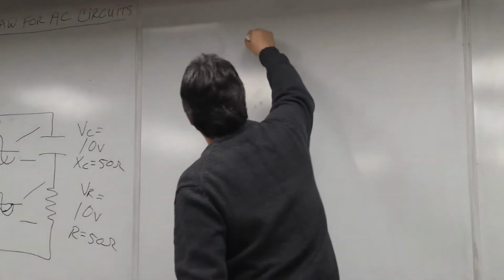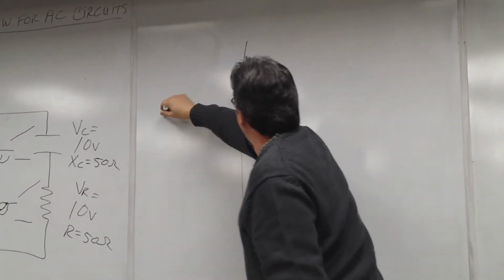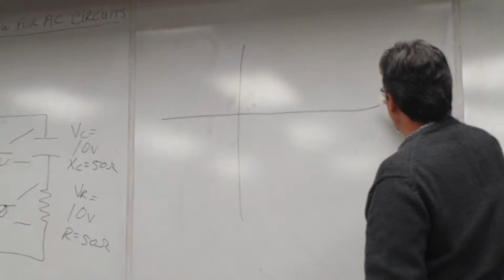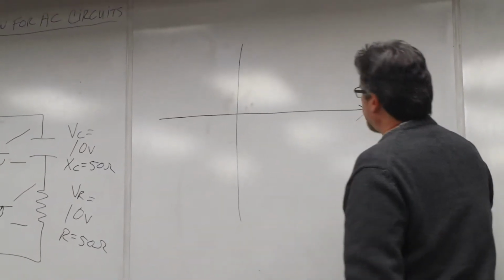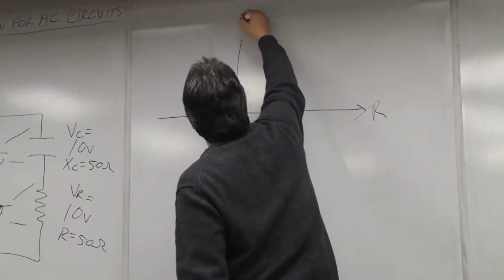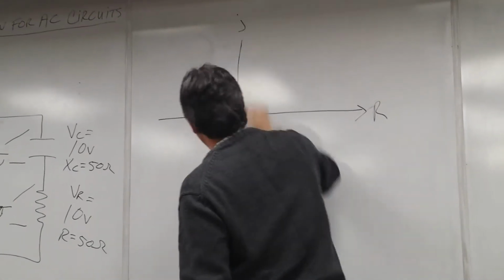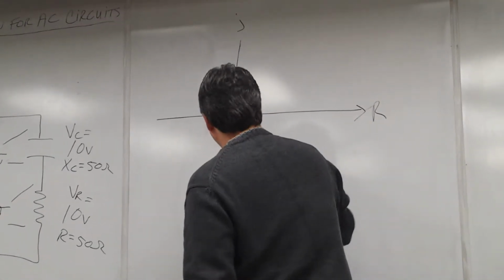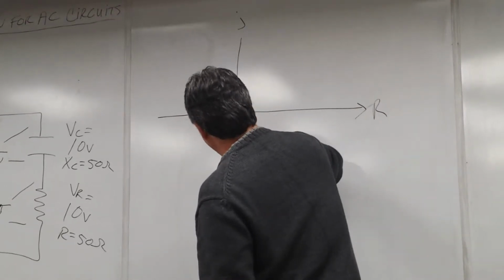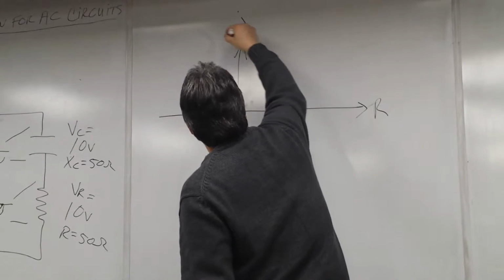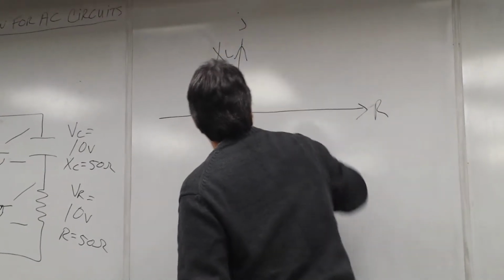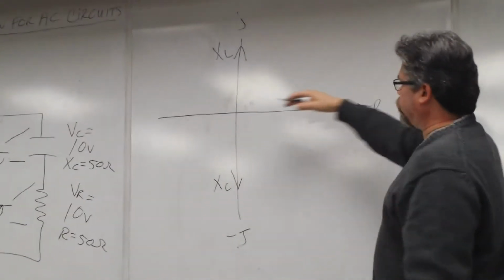So if we set up a plane like this, the Cartesian plane, resistance is on this axis, and these are called J operators, they're part of a complex number system. Down this axis is X of C, and up this axis, the positive side, is X of L. Resistor is just a straight line.